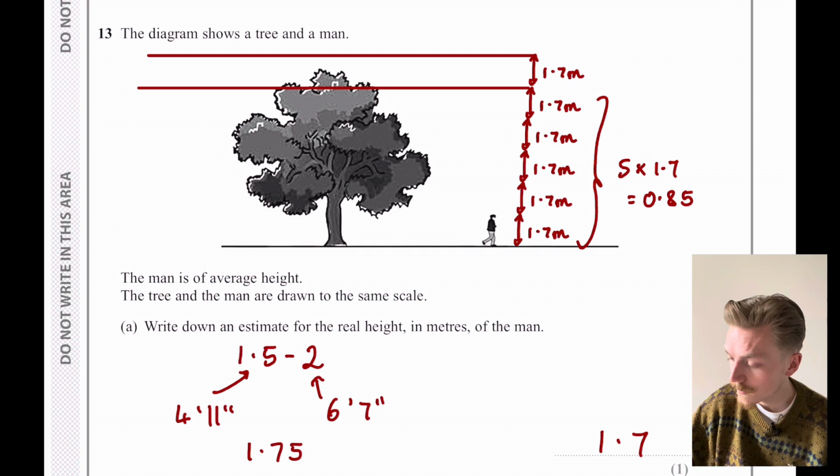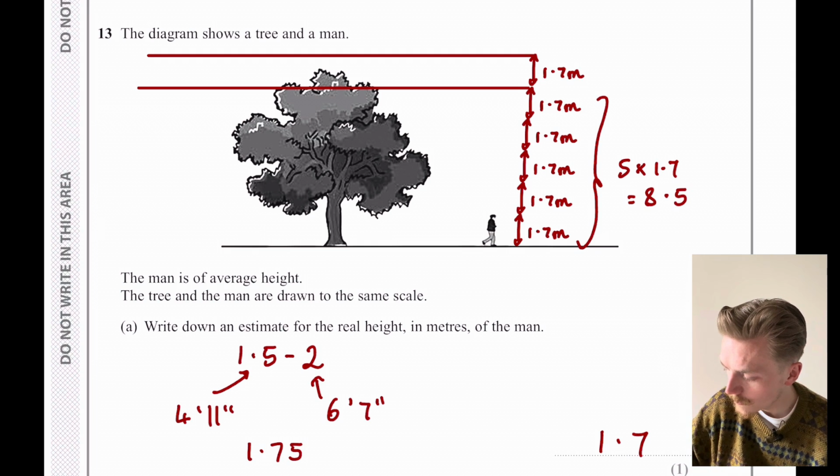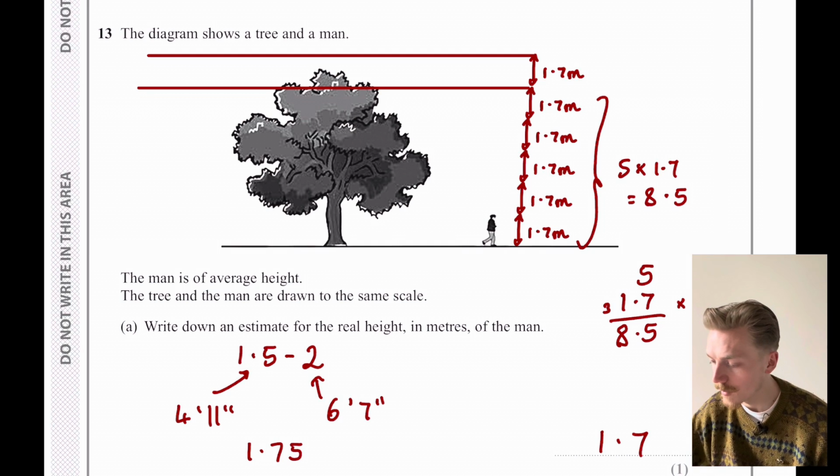So that's 0.85. It's not, it's 8.5. Okay, 8.5. So the way I'd work that out if I was doing a written method, I would do 5 times 17. 5 times 7 is 35. 5 times 1 is 5 plus your 3, that gets an 8. So 85, but it was actually 1.7, so I need 8.5 as my answer.